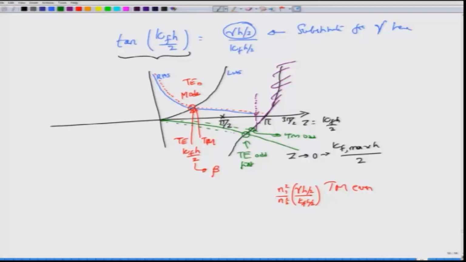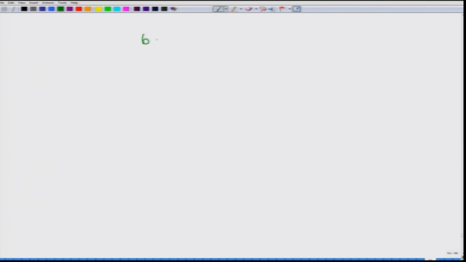So, we have seen how to go about solving this characteristic equation by the graphical method or the numerical method. There is one additional graphical method in which, instead of considering kappa f and the corresponding values of beta, we normalize these values by defining B, which is essentially defined as the square root of n effective square minus n2 square divided by n1 square minus n2 square, and then we define V as k0h times the square root of n1 square minus n2 square.